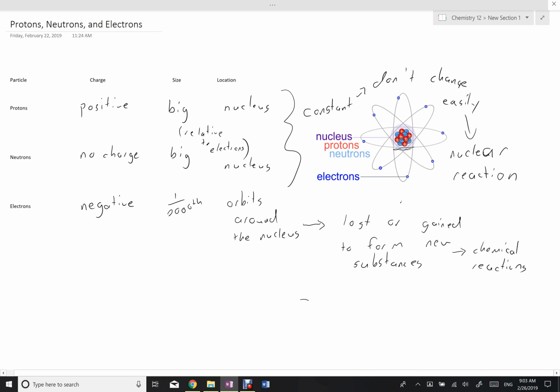When they're lost or gained with no new substance, that's how things get a static electric charge.